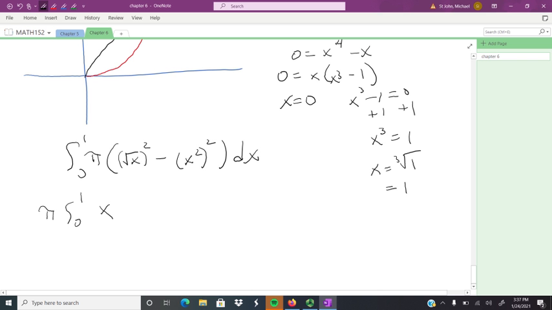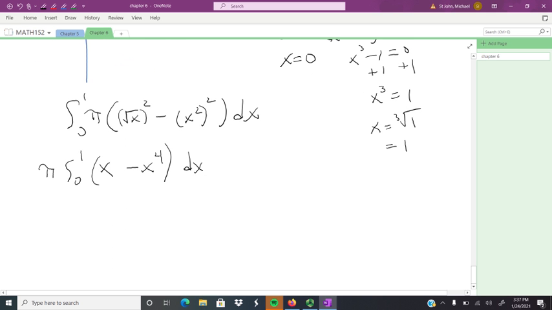So this is going to be x, and then this will be x to the fourth. And so then we want to do our integration, and so pi times x squared over 2 minus x to the fifth over 5, evaluated from 0 to 1.